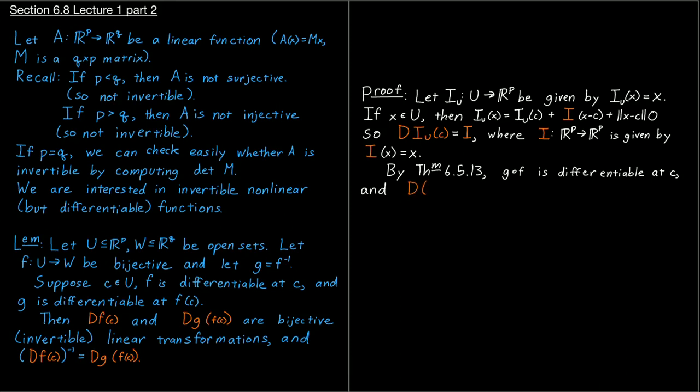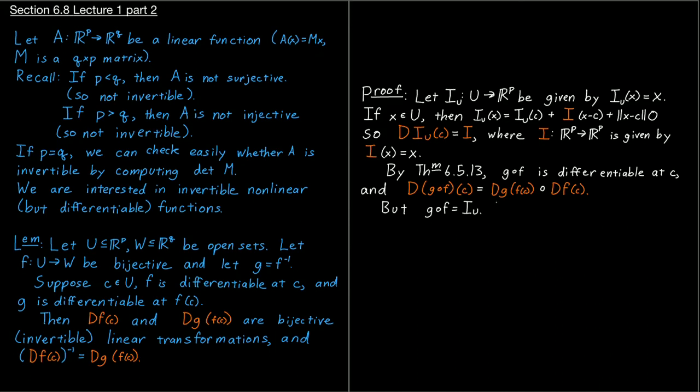The derivative of G composed with F at the point C is equal to the derivative of G at the point F of C. Because that's a linear operator, we compose it with the linear operator df of C. But we have that G composed with F is the identity, is our I sub U, the identity in U.